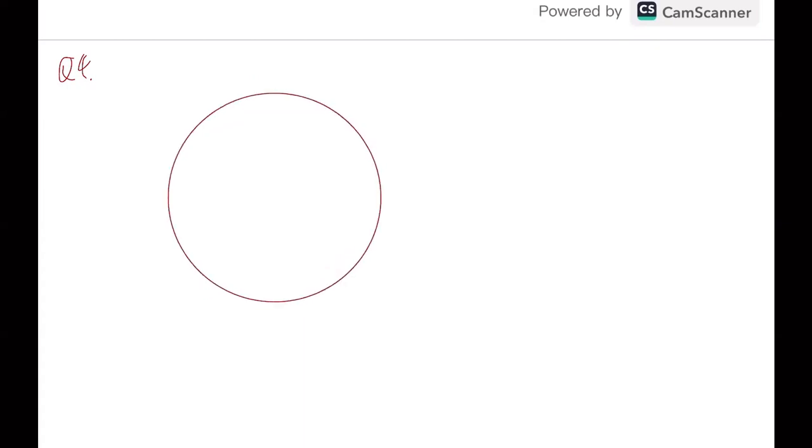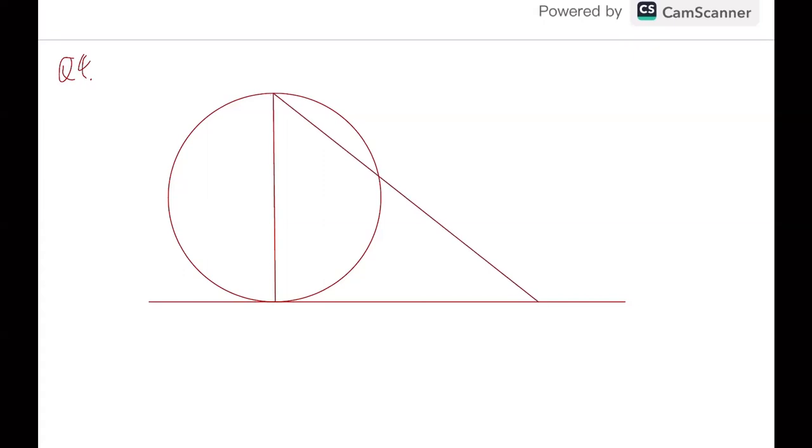And then you have a line. And what else? You got a diameter. Give me a second to draw this out. Tangent line. Okay, and then another line that cuts across like this.